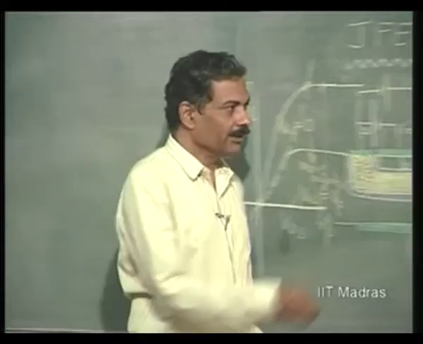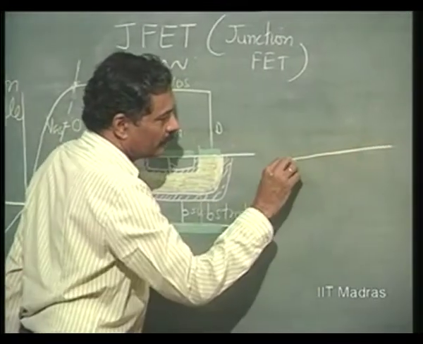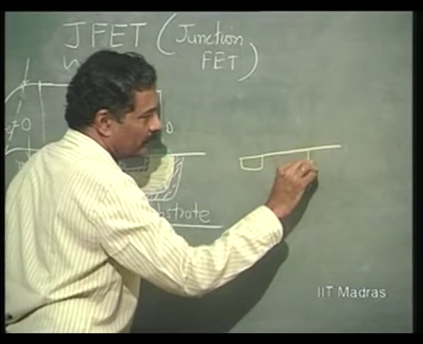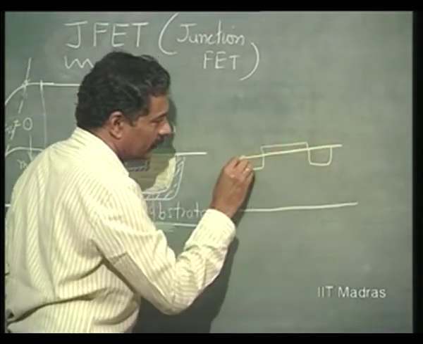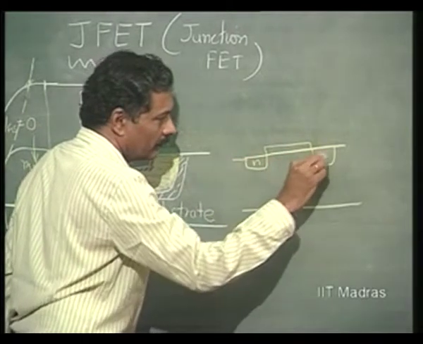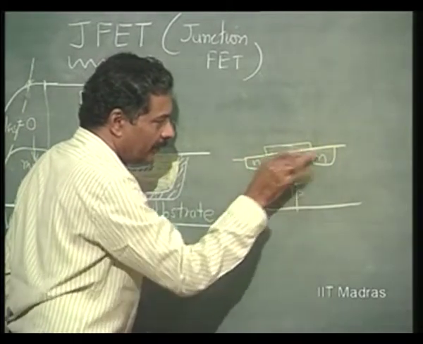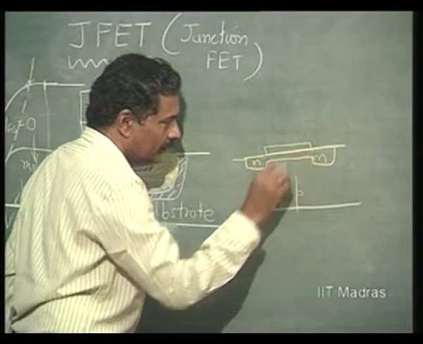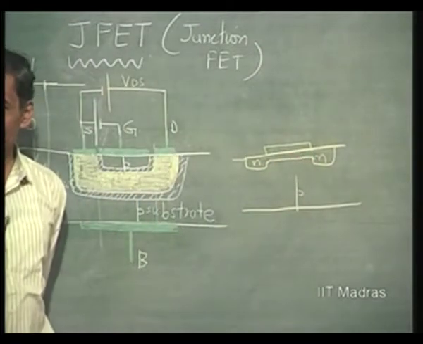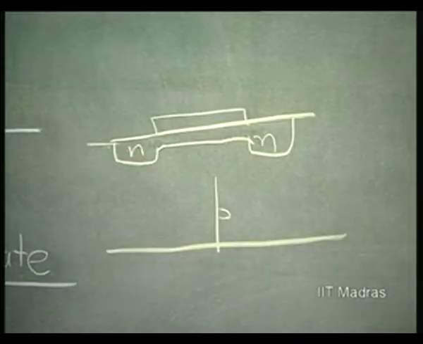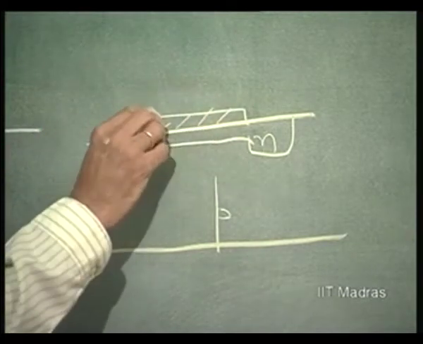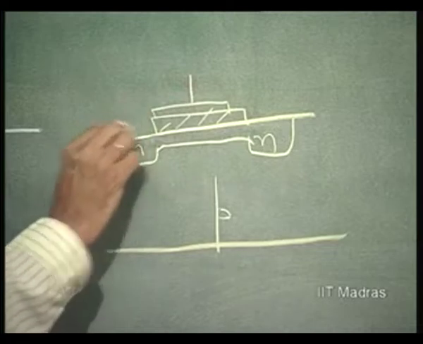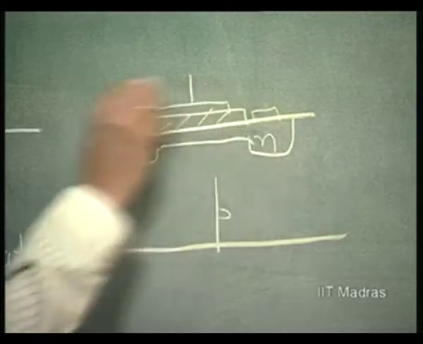So, you can have an N channel, and the gate oxide, and diffuse impurity here, and actually have a channel like this, and then have a gate oxide here, and then have source and drain.